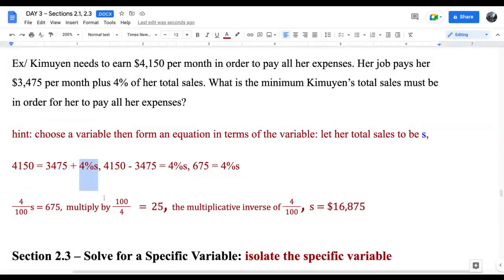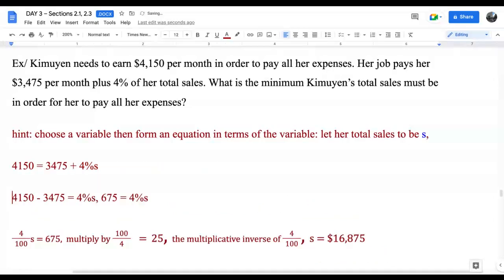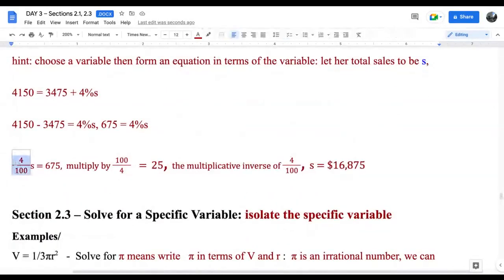So 4% times S. That would be the commission she earns, right? So let's move this positive number to the left-hand side. It becomes negative. So subtract those two numbers. We get 675. 675 equals 4% S. Well, what is 4%? 4% is 4 over 100, right?